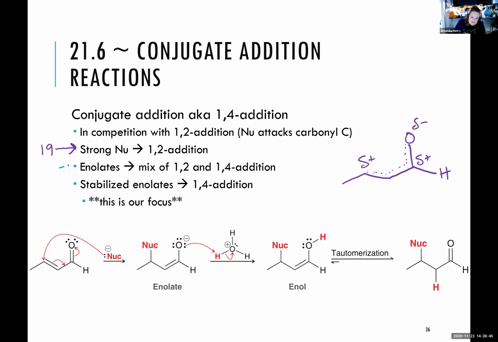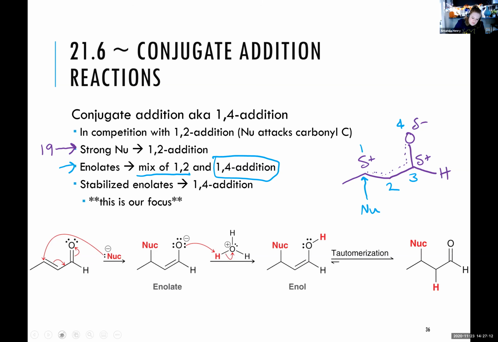When we have an enolate, we're going to get a mixture of a 1,2 and a 1,4 addition. So the 1,4 addition is when our nucleophile is now attacking the beta position, 1, 2, 3, 4, and then we add a hydrogen to our oxygen. So again, the numbers are just telling us how far away they are from each other.